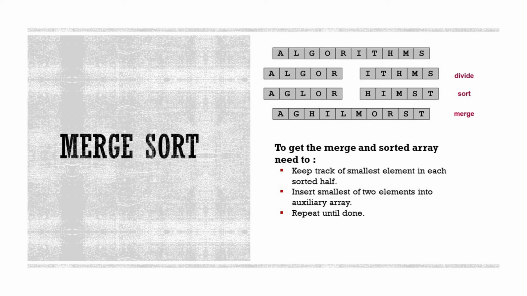So to get the merged and sorted array, we need to keep track of the smallest element in each sorted half, and then insert the smaller of two elements into the auxiliary array and repeat it until done.